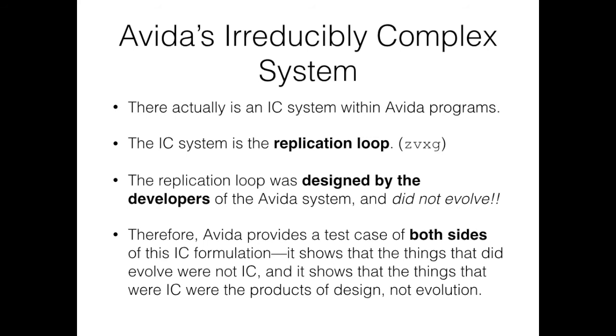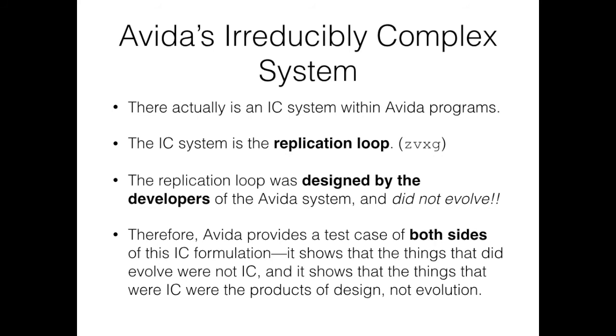The people who designed Avida designed that and put this replication loop in the first starting organism. The program doesn't work if the organisms aren't designed with the replication loop in the organism. So you actually have the ability to take this and detect the design.